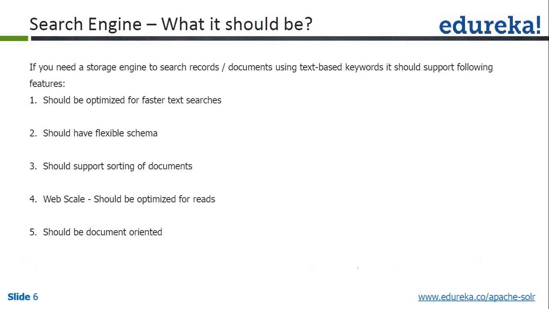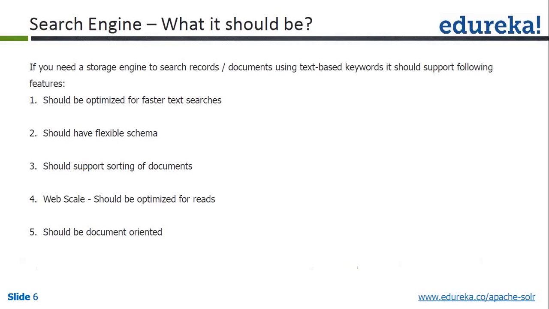It should support sorting of documents as well, because obviously we would want to sort the documents on the basis of how the user would want to. Along with that, it should be web scalable, which means it should be optimized for reads, because the data on the website is read many more times.